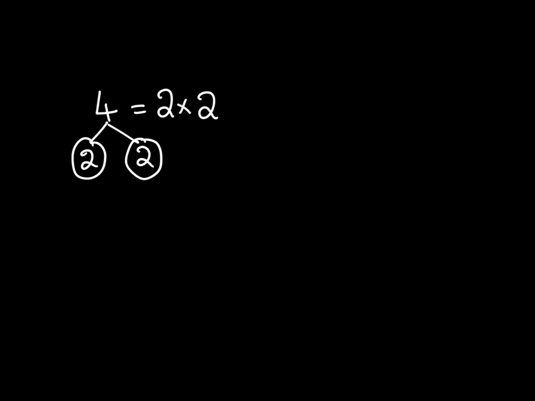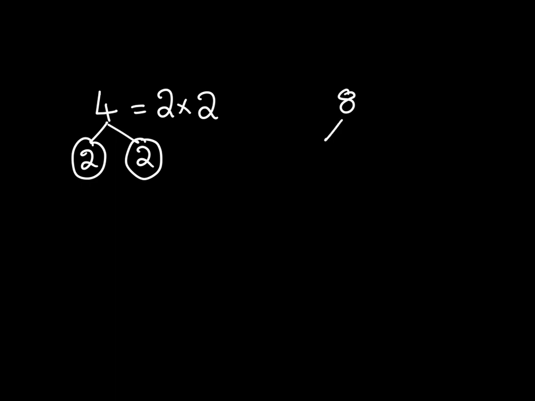Let's look at the composite number 4. Can I write 4 as 2 times 2? 2 is a prime number. So 4 can be written as a product of 2 prime numbers, 2 times 2. Let's take the composite number 8.